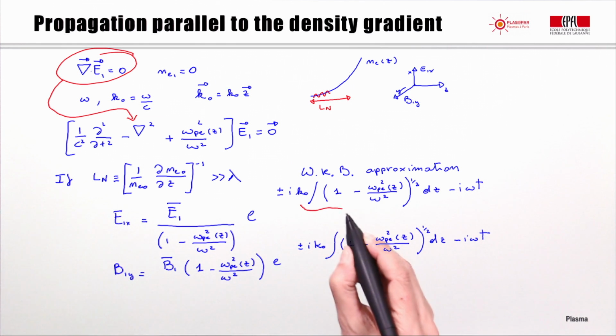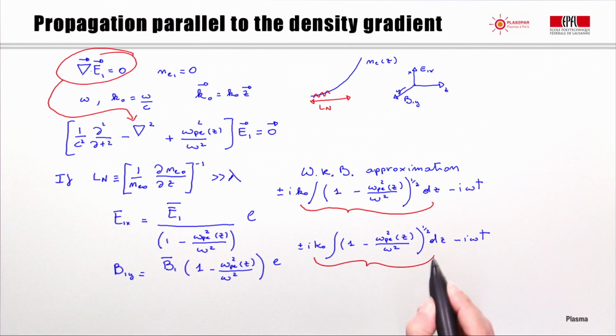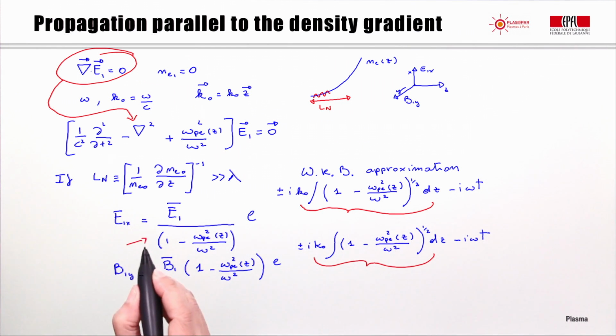So is this quantity here. Moreover, the amplitude of the electric field increases as the density increases, is this term. And this is analogous to what we have seen in the previous lecture.